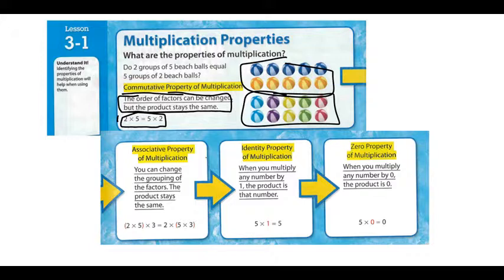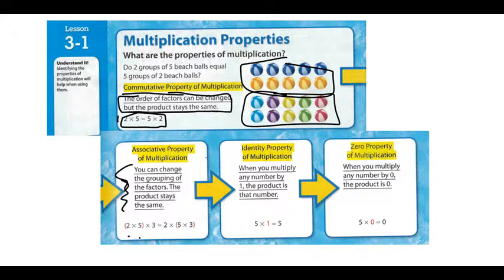The associative property of multiplication: you can change the grouping of the factors. The product stays the same. Down here they have 2 times 5. Do that first because they're in parentheses. Then multiply by 3, and on the other side you can see that 5 times 3 goes first, and then multiply by 2.